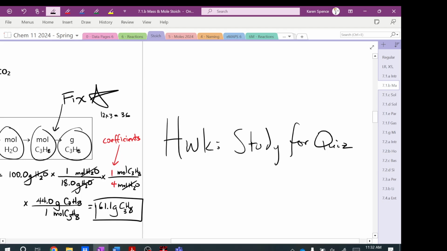In your blue book, pages 93 to 98 are good practice. Also good practice is the dissociation equations handout.